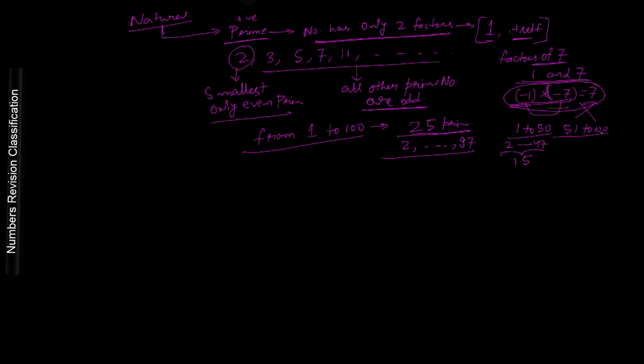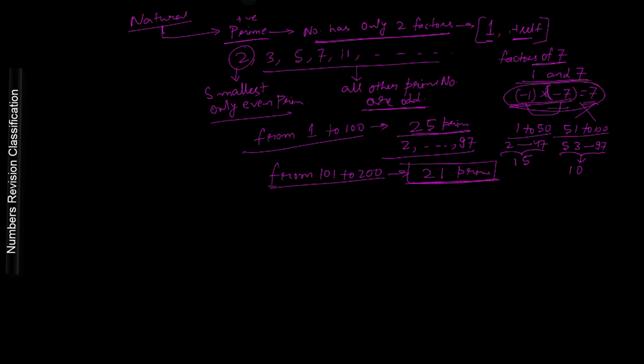From 51 to 100, the smallest prime number is 53, the largest is 97, and there are 10 prime numbers. From 101 to 200, there are 21 prime numbers. I want you to check them, at least the first and the last one.